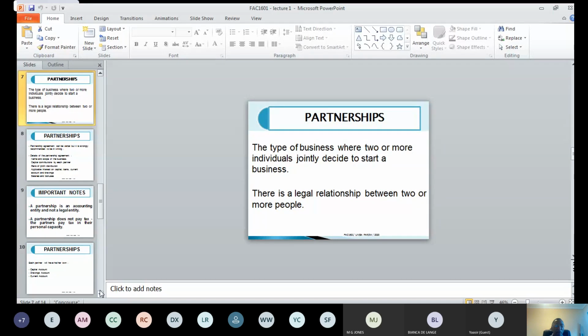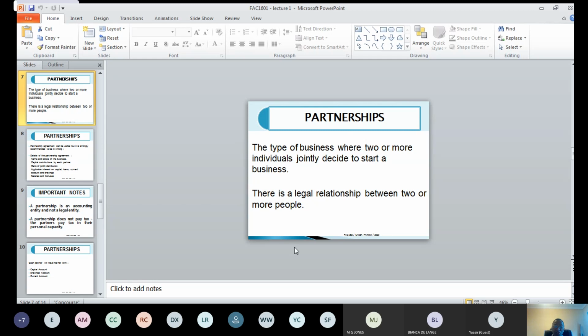So when we speak about the partnership, remember a partnership is a type of business. Two or more individuals will come together. There is a legal relationship between the two or more people that come together, and that business is then called a partnership.